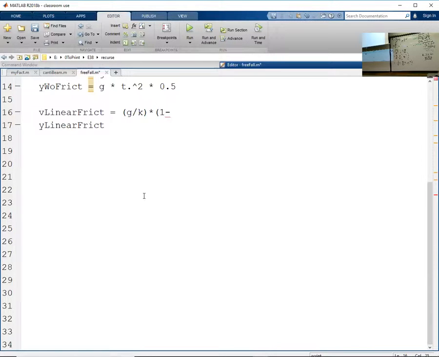How do I get Euler? EXP, parentheses. What goes inside the parentheses is what's actually up there. So the operation is the t times the k, and the k is scalar.